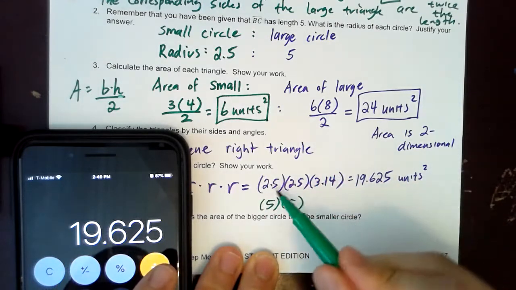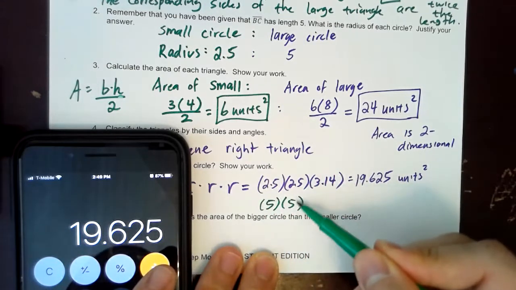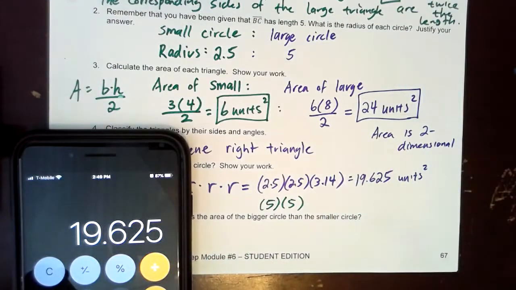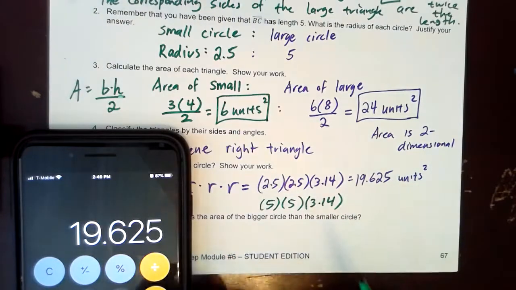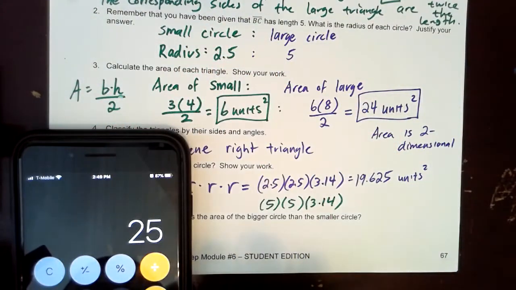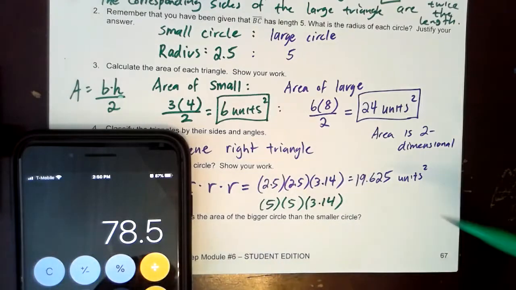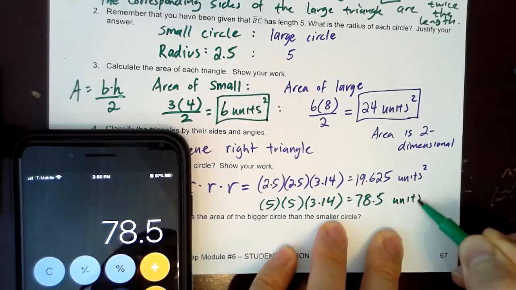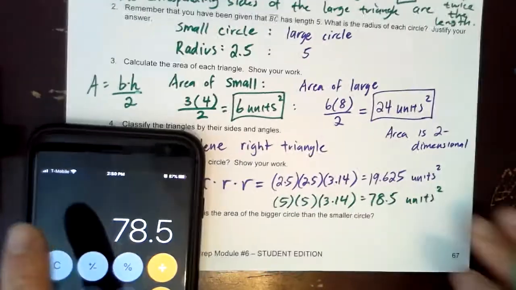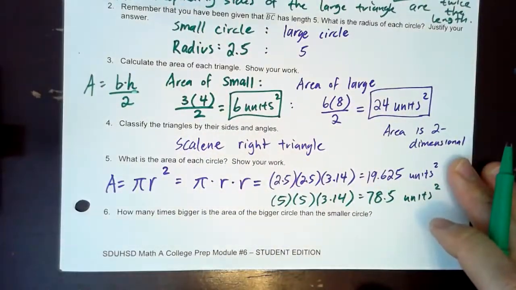And you can already tell it's 2 times larger here and 2 times larger there. So that's not going to make it 2 times larger in area. It's actually going to make it 4 times larger in area, right? So 25 times 3.14 is 78.5 units squared. We're not surprised by that. That is something that we expected.